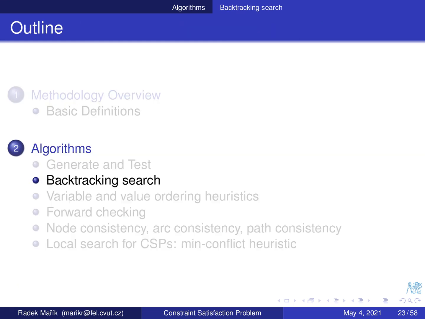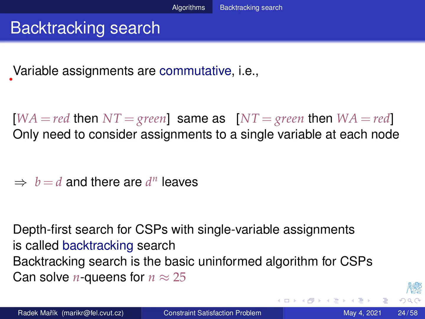The first thing you can immediately notice is that variable assignments are commutative. In other words, you can assign first WA from that map coloring problem, Western Australia is red, then Northern Territory is green, or you can achieve the same result by assigning green to Northern Territory first and then red to WA.